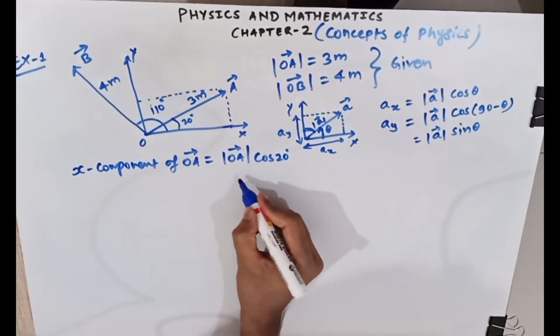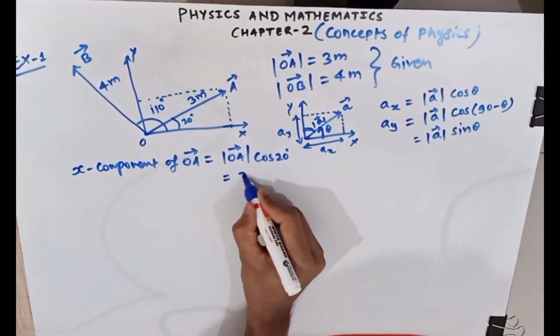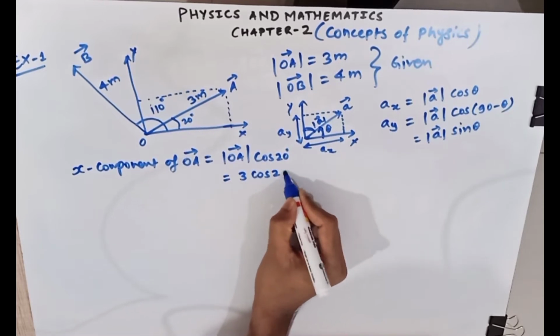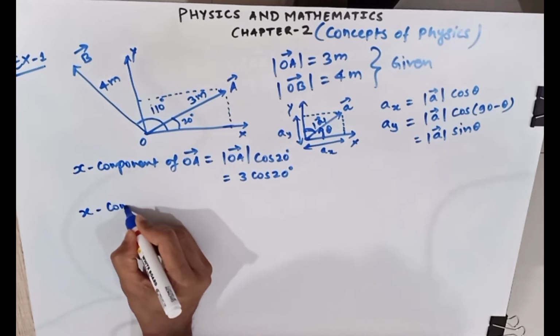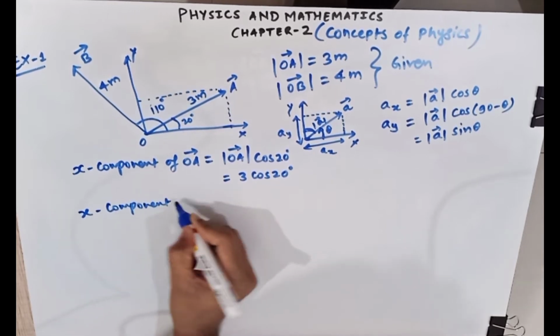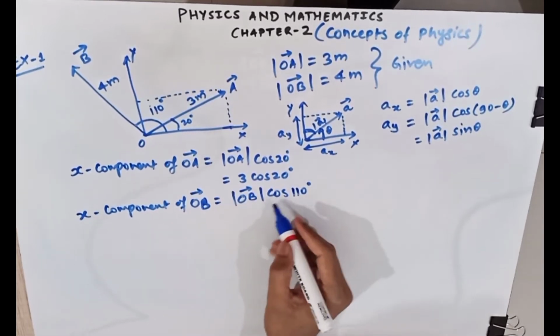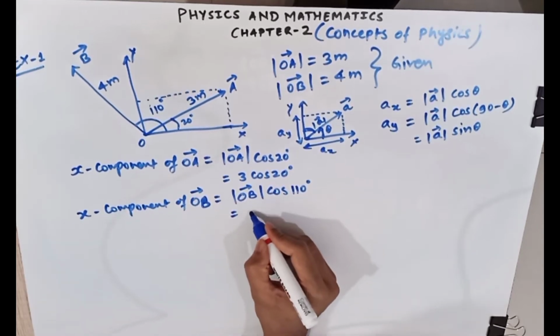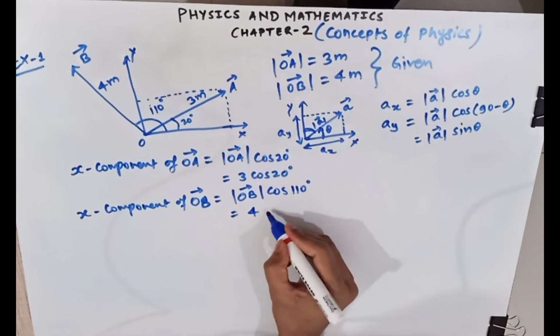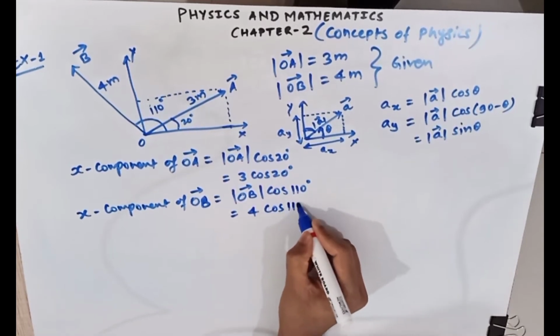Now clear? So we can write it as 3 cos 20 degrees. Similarly, for the x component of OB, you need to be careful about which angle is being made with respect to which axis. Here the magnitude of OB is given as 4, and cos 110 degrees.